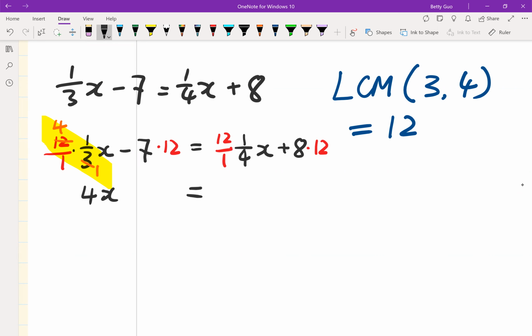Yes? Second term, calculator, tell me what is 7 times 12? Negative 84. Right hand side, tell me what is 12 over 1 times 1 over 4? 4 becomes 1, 12 becomes 3. Do you have a 3x after you multiply by 12? Yes? And on the right hand side, the second term, what is 8 times 12?